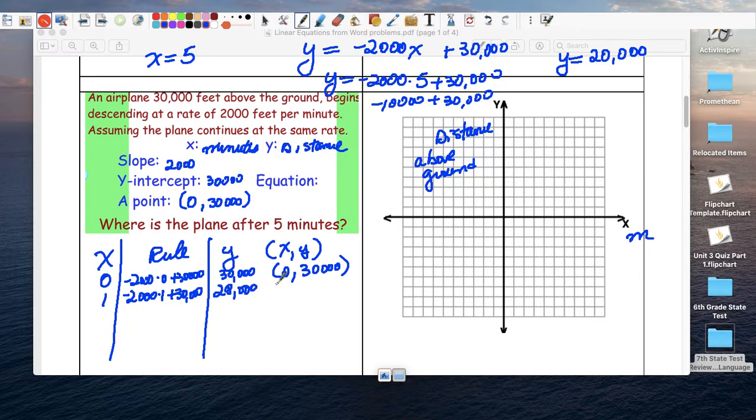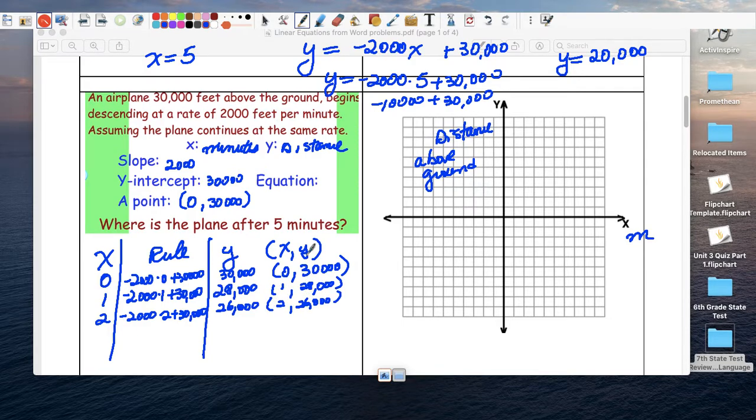So after 1 minute, where's the airplane? He's 28,000 feet. At 2 minutes, and I'm not going to do too many of these. I'll do 2 more probably. 2 minutes, negative 4,000, and it's going to give us 26,000. So 2 minutes, he's at 26,000 feet above the air.